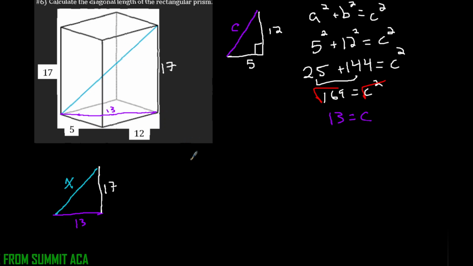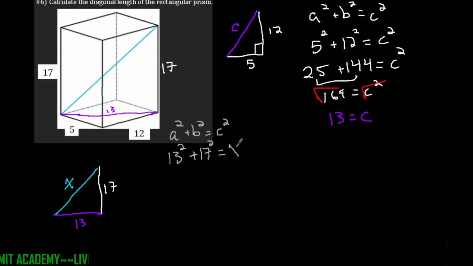So I'm going to say if I have a squared plus b squared equals c squared, plug in my values that I am looking for. So I have 13 squared plus 17 squared is equal to x squared.